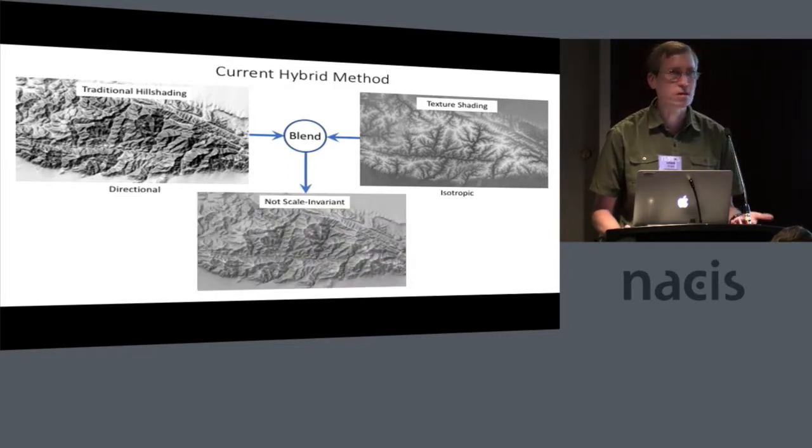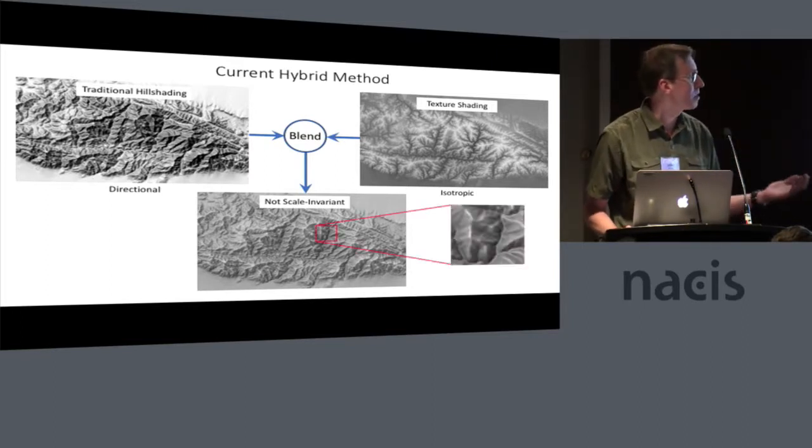Here's an example using a straight 50-50 transparency, and you get a nice result, but unfortunately you've lost the scale invariance property, because the hill shading, the way it's generalized, the contrast in the details doesn't reduce at the same rate as the texture shading. So when you combine the two, you don't retain that consistent effect.